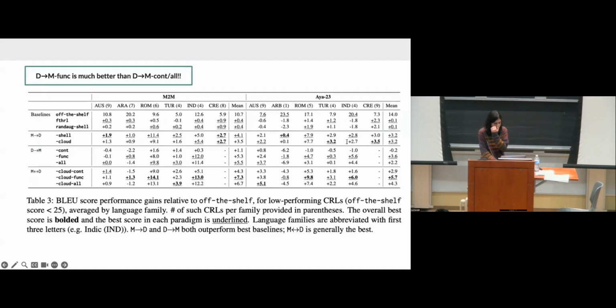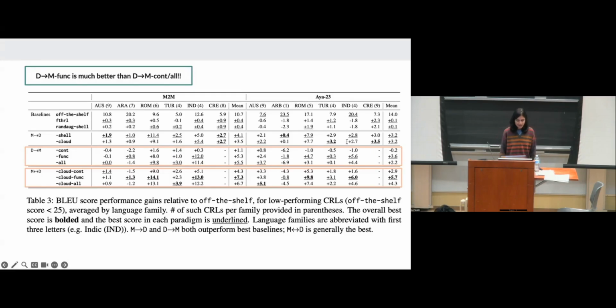So the other interesting thing is that DTM for function words is much better than DTM for content words. And yeah, like we pointed out, function words are important and they contribute a lot just by themselves, right? Yeah, exactly.